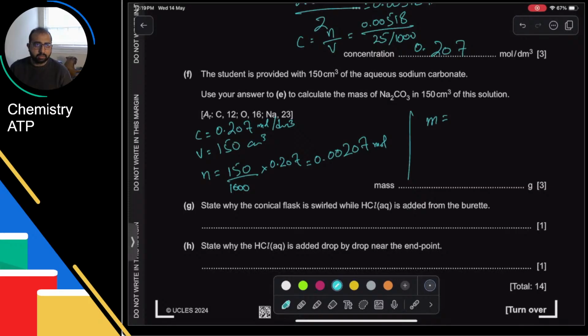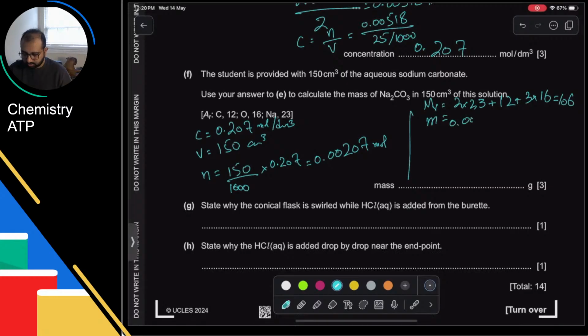Okay, so the Mr of this thing is gonna be, sodium is 23. I should write it somewhere. So Mr is 2 times 23 plus 12 plus 3 times 16. So that's gonna be 106. Okay, so 106 is the Mr, relative mass, or molar mass.